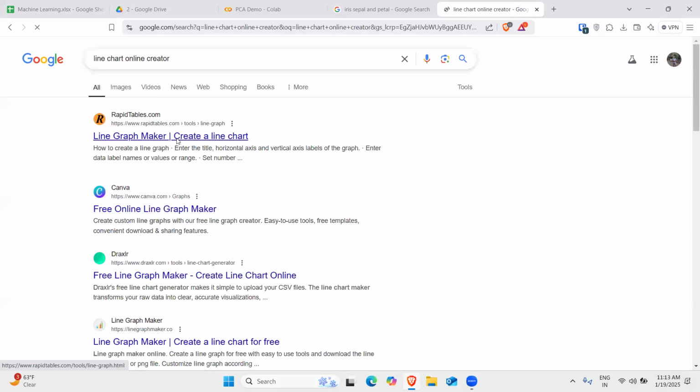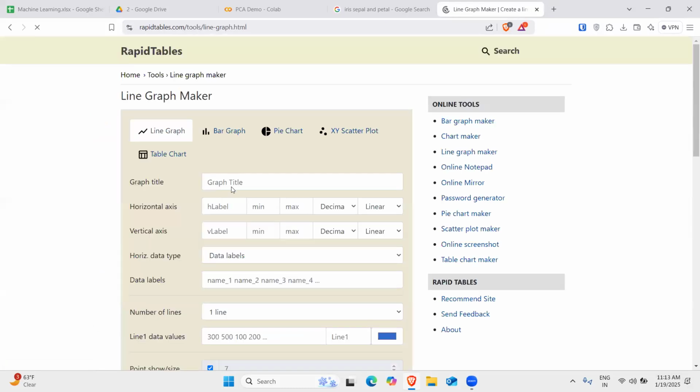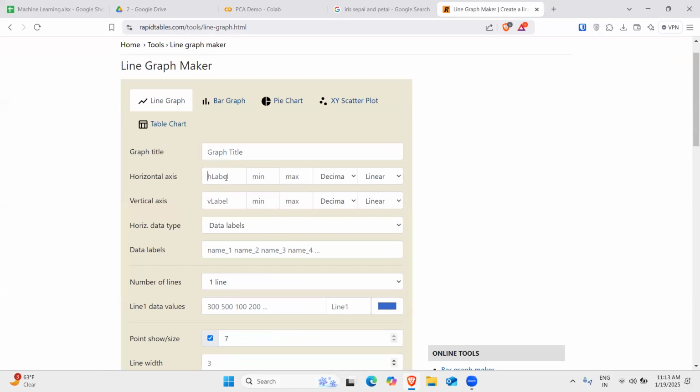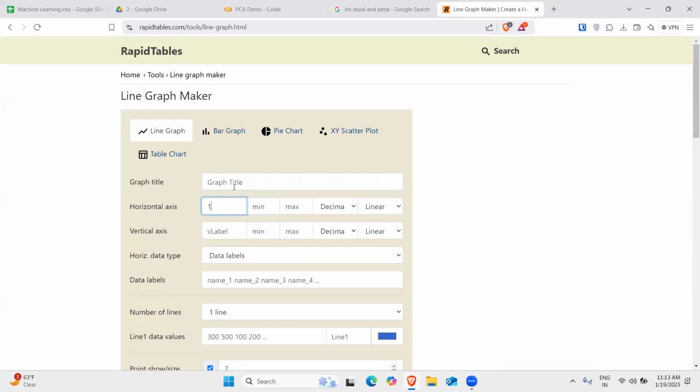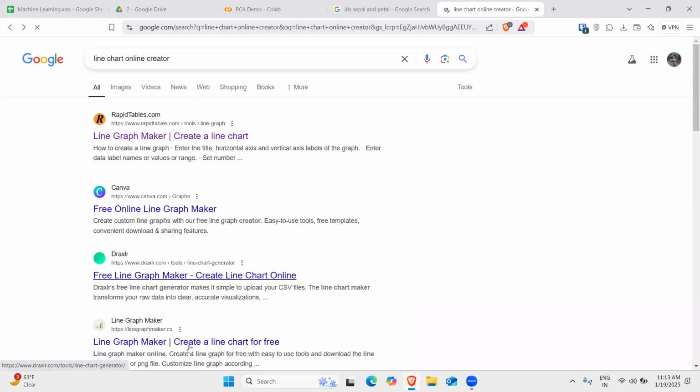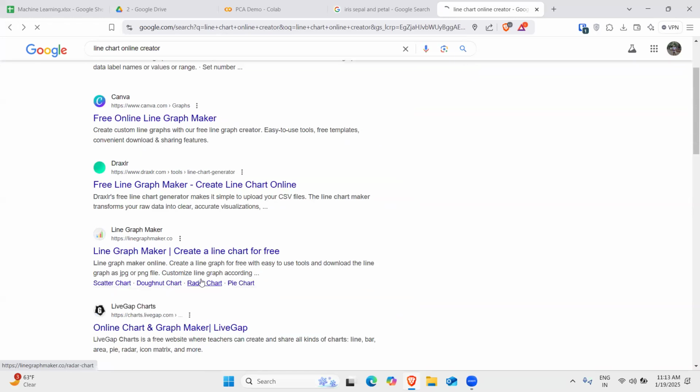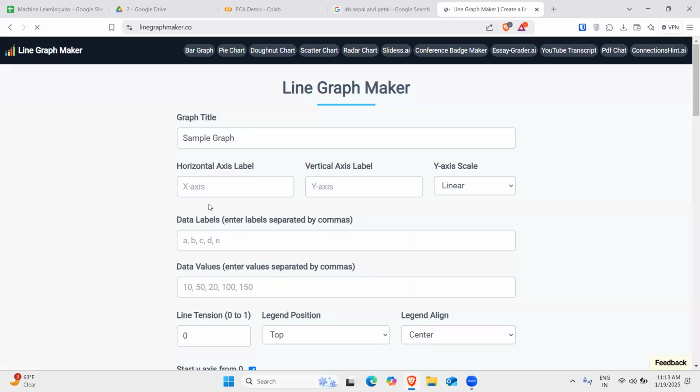Okay. X-axis label is number of components.